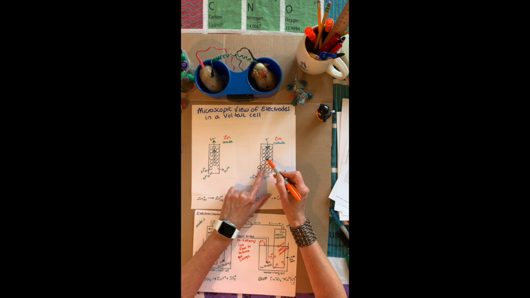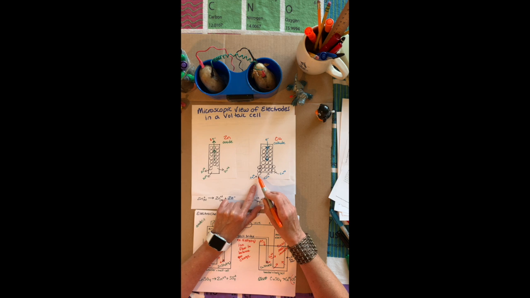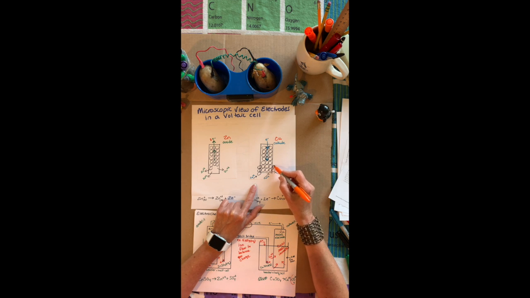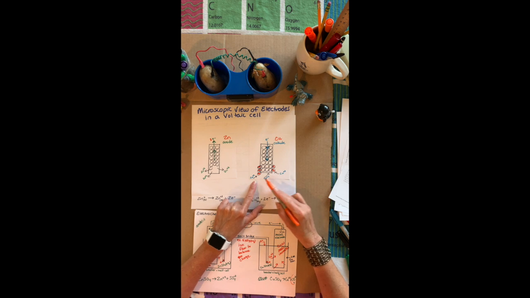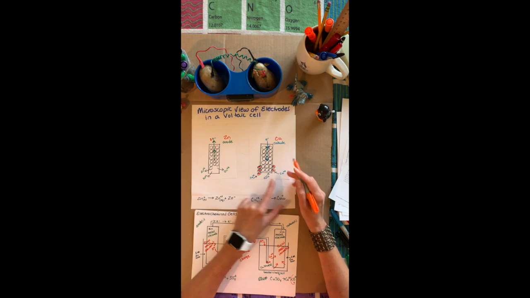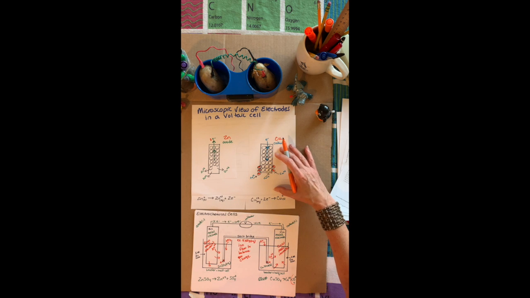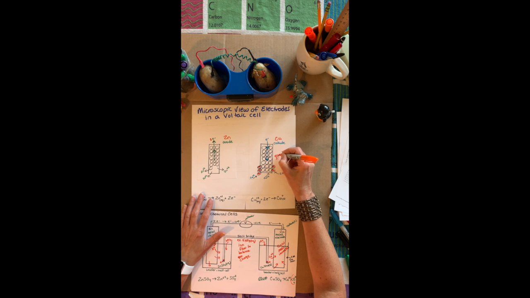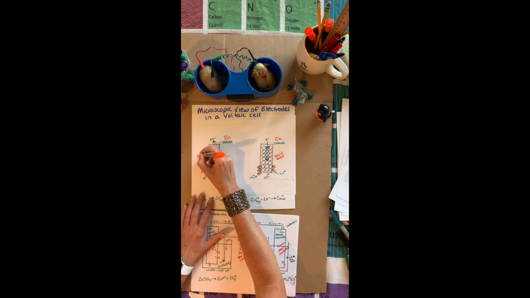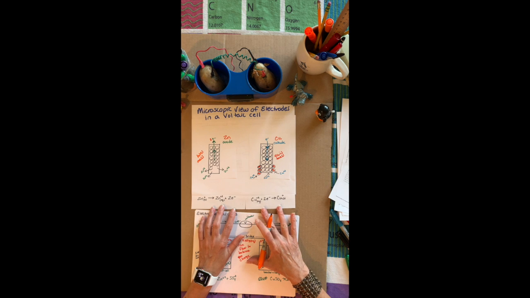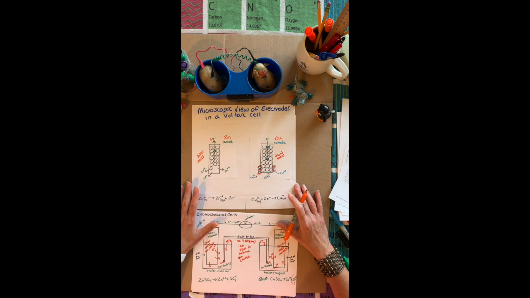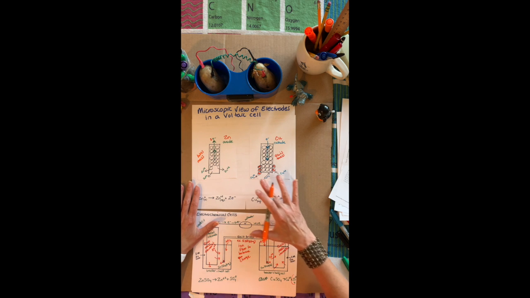They gain those electrons, and they're actually depositing these extra copper atoms onto the surface of that electrode. So this electrode gains mass, this electrode loses mass. And here were those half reactions. You will be watching a short video that'll show this more animated.